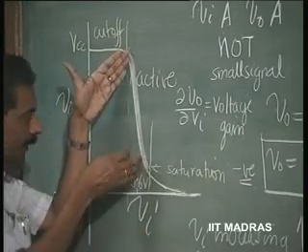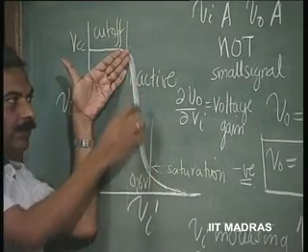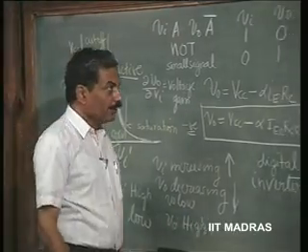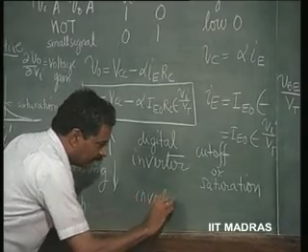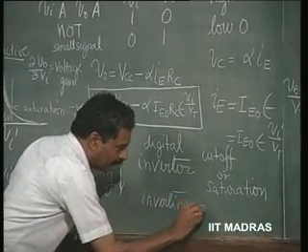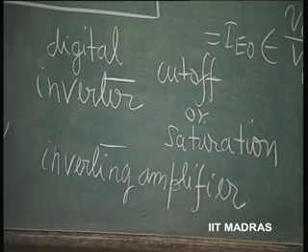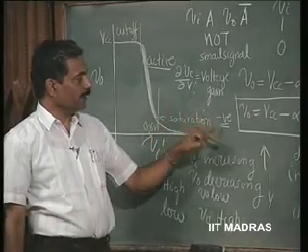And if the bias is such that the operating point is in this region, which is the active region, it is then used for inverting. It is also an inverter, but an inverting amplifier. The gain is negative, or the slope delta V naught by delta V I is negative.